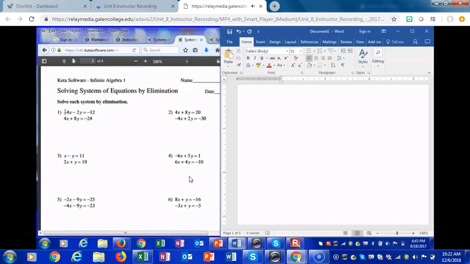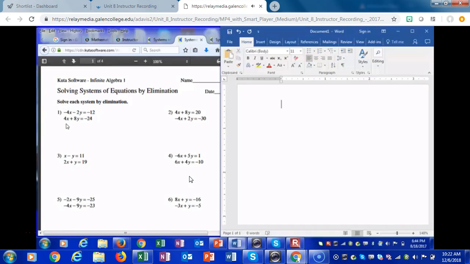For this particular problem, we have negative 4x minus 2y equals negative 12, and 4x plus 8y equals negative 24. As you look at x's and y's, which are the easiest to eliminate? Well, when I look at x's, negative 4x and positive 4x is 0. So that's an automatic cancellation. So I have eliminated the x variables.